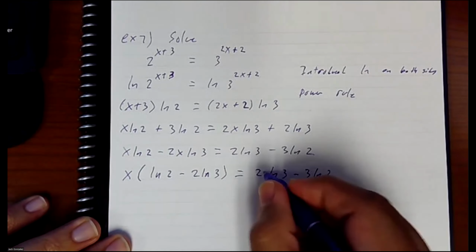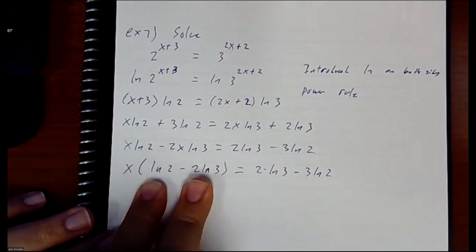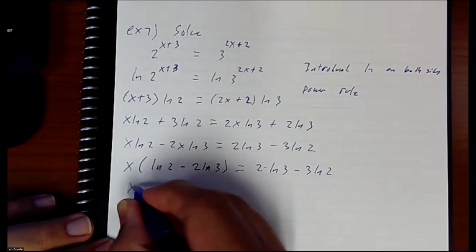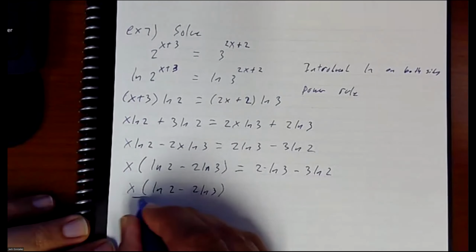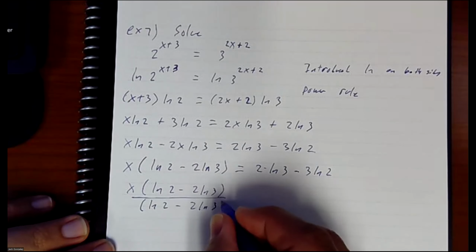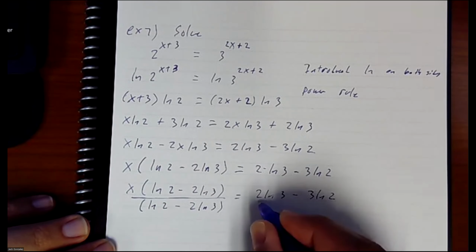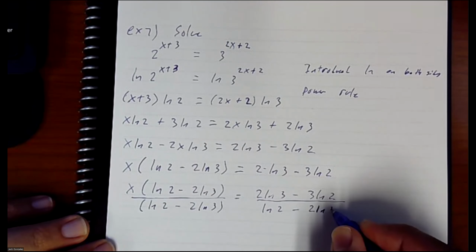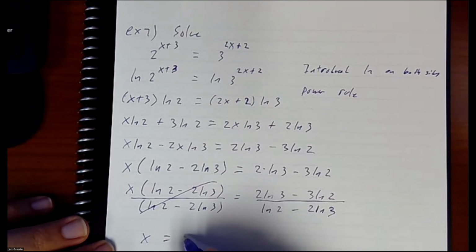Remember, this is just a number. It's not a very pretty number, but it's a number. So is this. This is like the number 7.8, I don't know, some nonsense. So divide that thing out to solve for x. So this is my x.